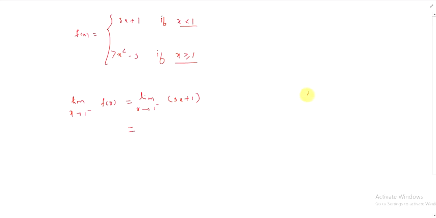If we write the limit as x tends to a, then at x equal to a, if the limit exists, we write it as f(a). Here the function is in linear form, so it is not of the type p(x) upon q(x).